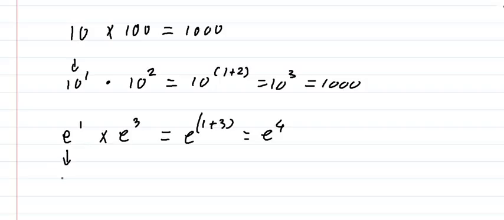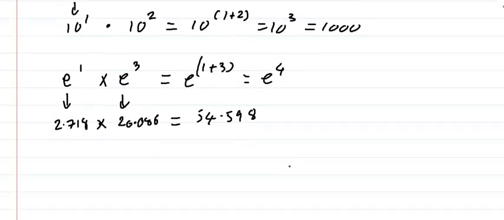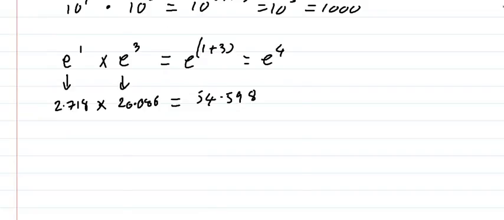And e to the power of 1 was 2.718, and that was multiplied by e cubed, which was 20.086, and that gave the result of e to the power of 4, which was 54.598. Whilst these are practical calculations, on one level they're not very useful.